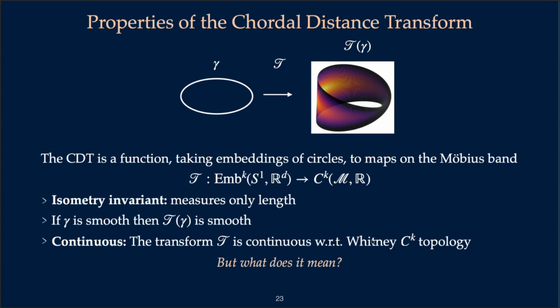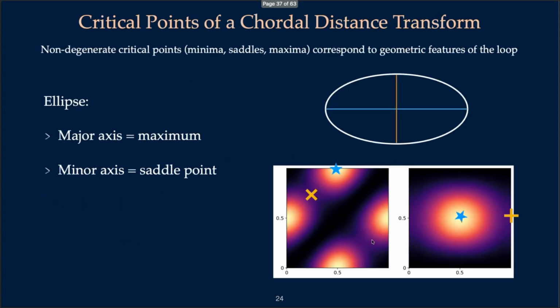Okay, we've done this circus of throwing data from one form into another, but what does this mean? Is this thing actually informative? Well, the simplest example we could take is the ellipse. So what do you want from the ellipse? You want to know its maximum distance, the major axis and the minor axis.